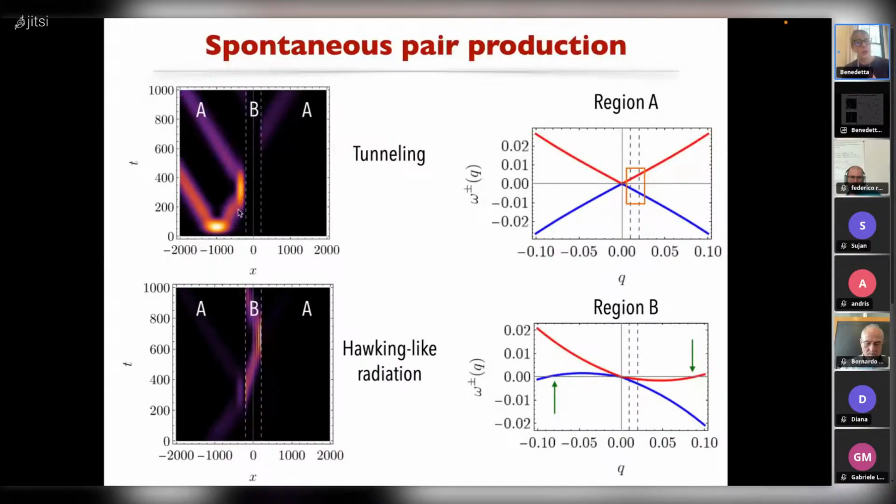So now these particles are coming on this interface. Okay, so the key here is that A and B are two different systems.